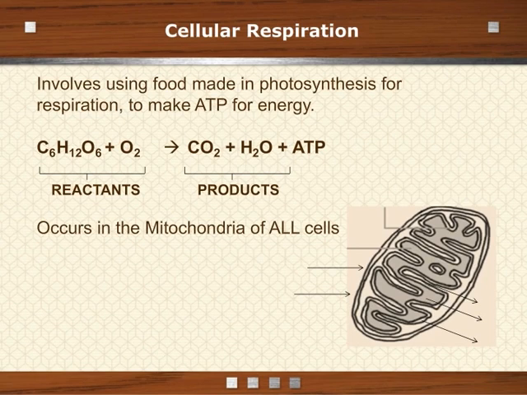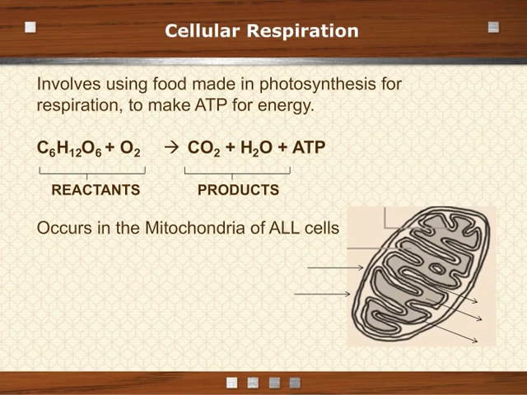Now we're going to look at how cells use the food made in photosynthesis to make energy in the process of cellular respiration. The definition is already partly written for you, but you need to fill in the blank. Respiration involves using food made in photosynthesis for respiration to make ATP for energy.